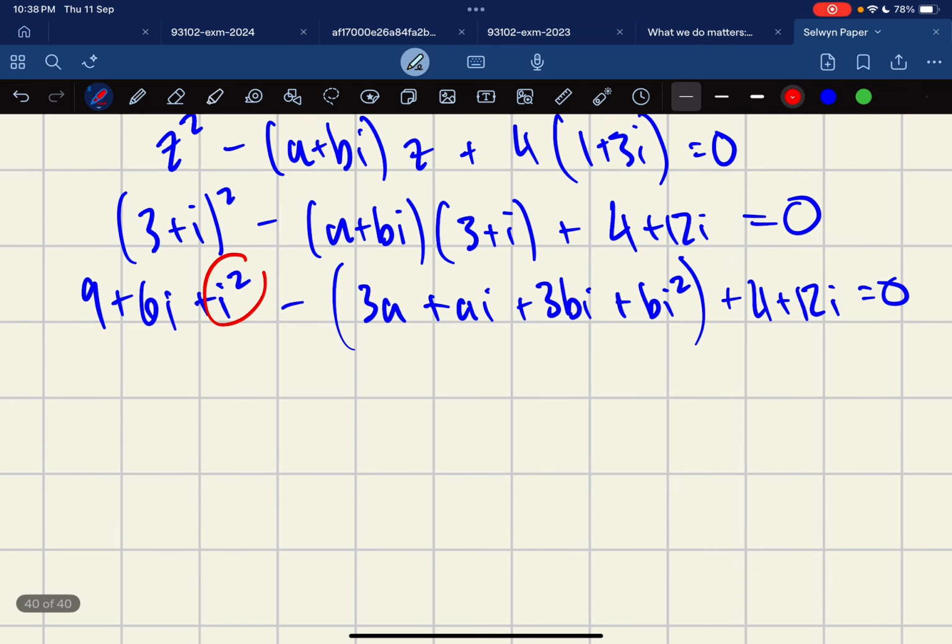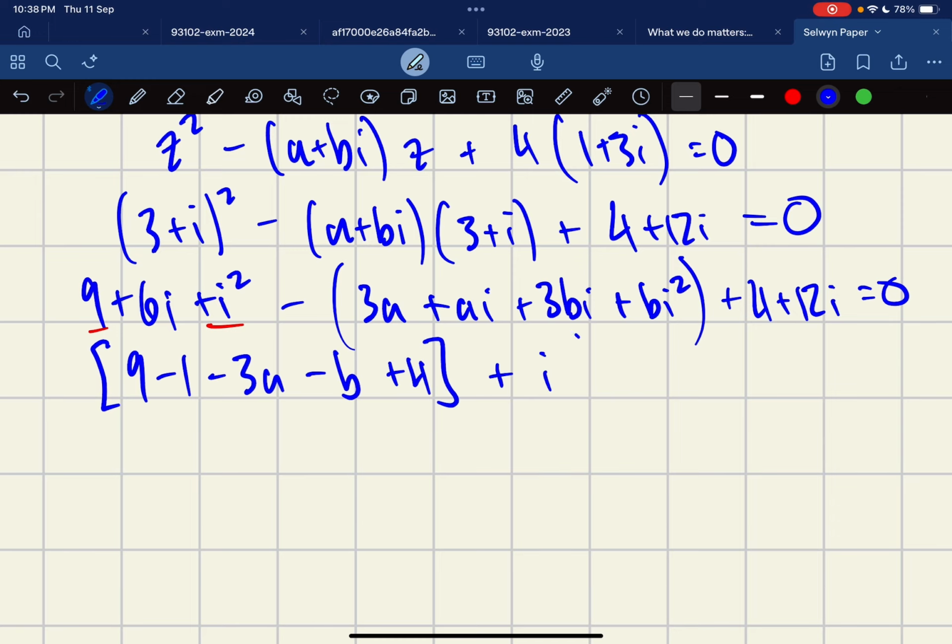You can see here that this i squared becomes minus 1. So the real parts are 9 minus 1 minus 3a. And then this i squared again turns into negative 1, so it's minus b, and then plus 4.